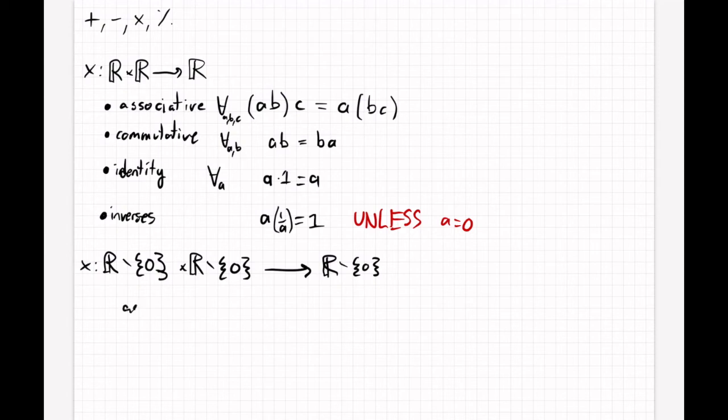And once we've done this, we can see that we have found something that has exactly the properties that we want. Associative, commutative, identity, they're all inherited from the structure on R. Inherited just means that they were properties of the things on R. They were true for all the numbers on R. So when I talk about a subset of R, they're still true, because if it was true for everything, it certainly better be true for a smaller subset of everything.